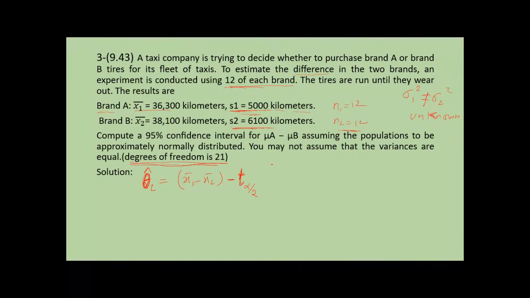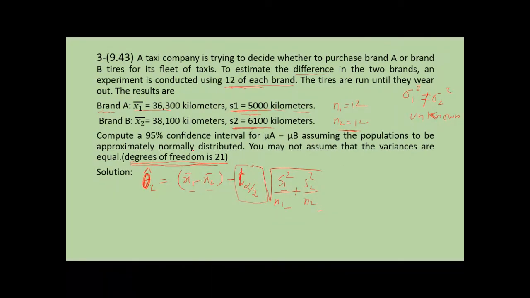When the sample size is high, t will move to z and they will be the same. Now under the square root, it will be s1 square divided by n1 plus s2 square divided by n2. We know all the terms. We know x1, x2, s1, s2, n1, n2. The only thing to be found is t alpha by 2.